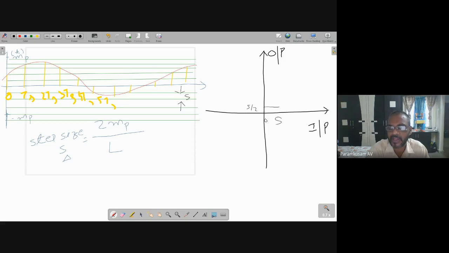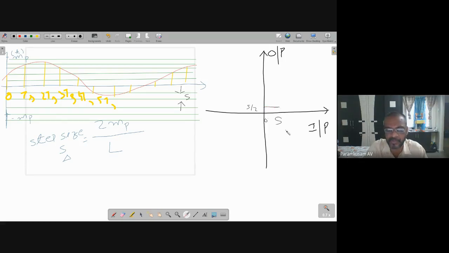When the input lies between 0 and S, the output of the quantizer is S by 2 only, whatever the sample value may be.